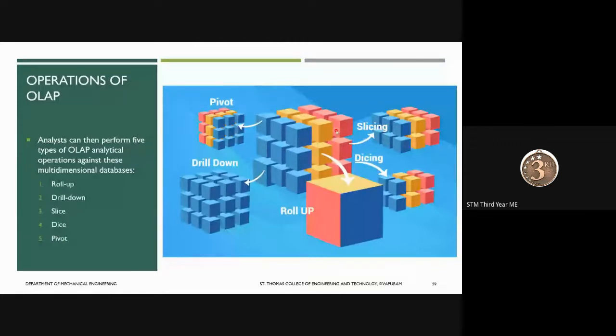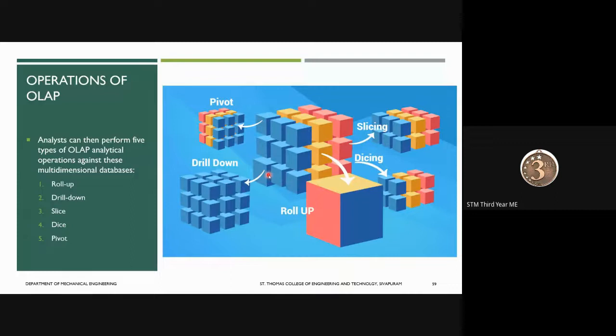So if you want this data first, then this one second, we are realigning the data for our purpose of viewing. For easier viewing, that is called pivoting. So we are not reducing the data, but we are changing the point of view of the data. Such an operation is called pivot.